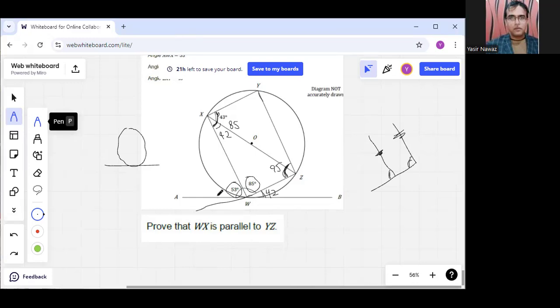So this angle is 42, and this angle is 53.